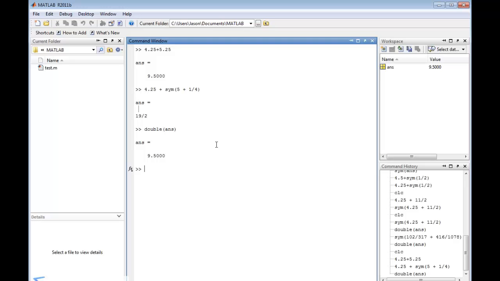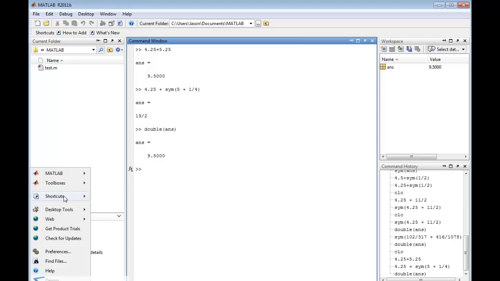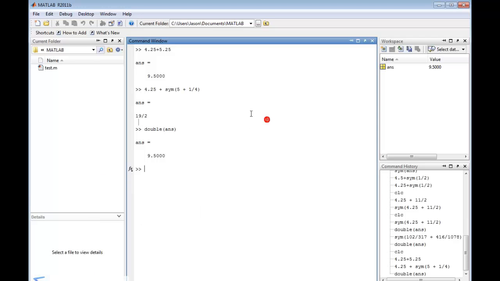If you're a student and you're using a student license either at your school or if you purchased it yourself, you've already got the Symbolic Math Toolbox installed. There's a chance if you're a professional that your company may not have purchased the Symbolic Math Toolbox. If that's the case, if you don't see it up here, then you can basically skip any section in the course where I'm talking about symbolic math. But it's not going to really hurt your understanding of MATLAB because most people are using MATLAB for the numeric capabilities anyway.